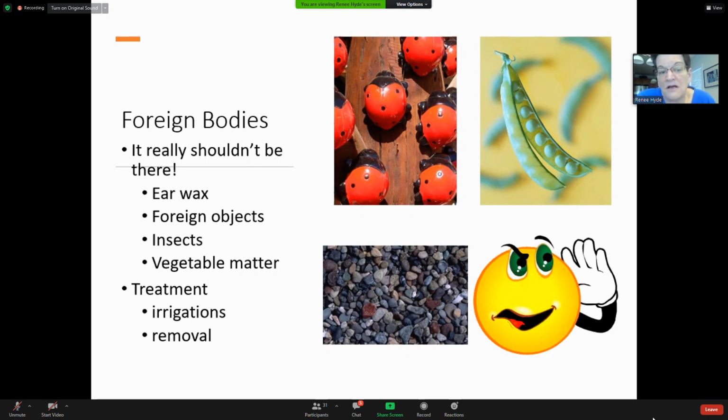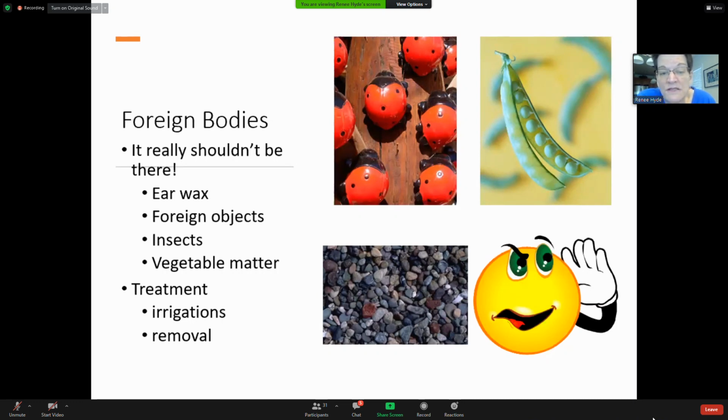It swells, and so you're going to have a worse problem. Okay, so if you have a foreign body, a lot of times earwax, they will use a device that looks very similar to a water pick to irrigate those ears.